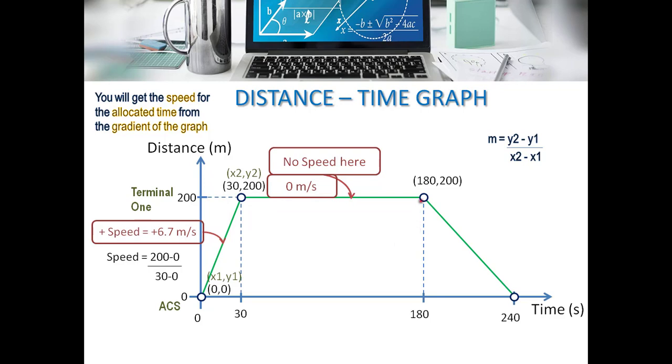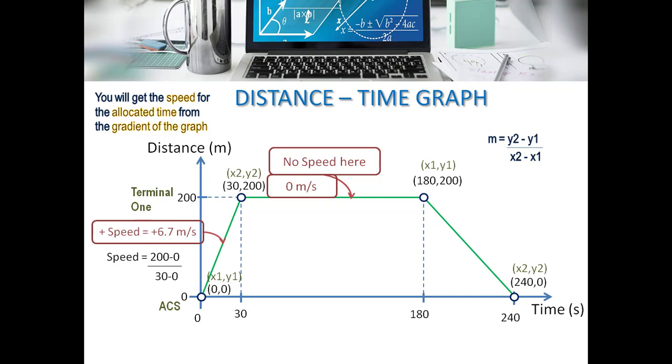So now next, the decline. Here, declining, you will have two coordinates from here, which is 180, 200, and then 240, 0. So you must identify x and y first. Please don't forget to write this. It's very important and helps you to clear up. So next you will have x1, y1, and then x2, y2.